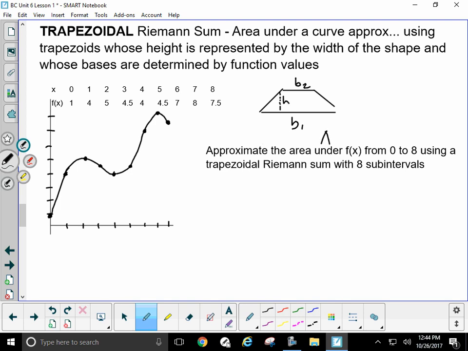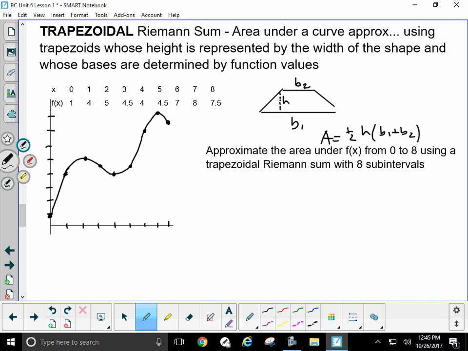Now, who remembers the area formula for a trapezoid? Yes, exactly. It is 1/2, I'm going to put my height first, times the sum of my bases. 1/2 h (b1 plus b2).